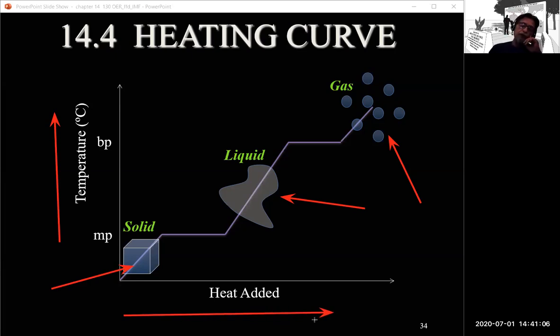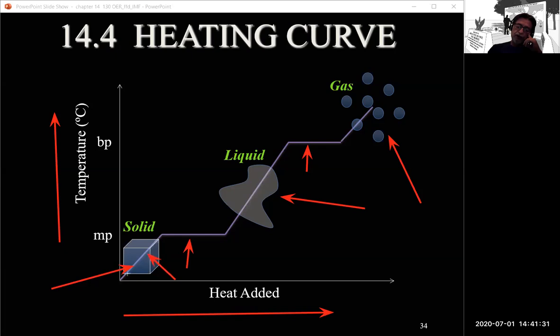Something interesting here, if you look at this graph, is that we have two plateaus. We got a plateau here and a plateau right here. Okay. Now, when we heat a solid, it remains in the solid phase and the temperature goes up.